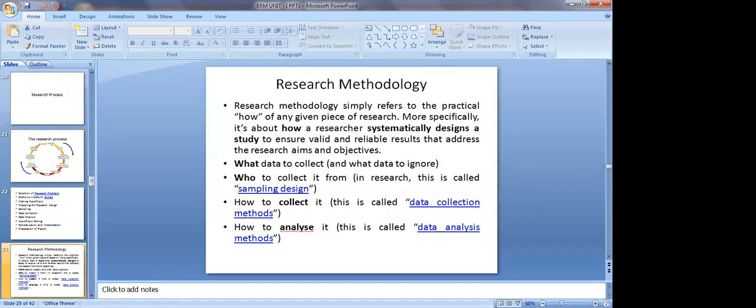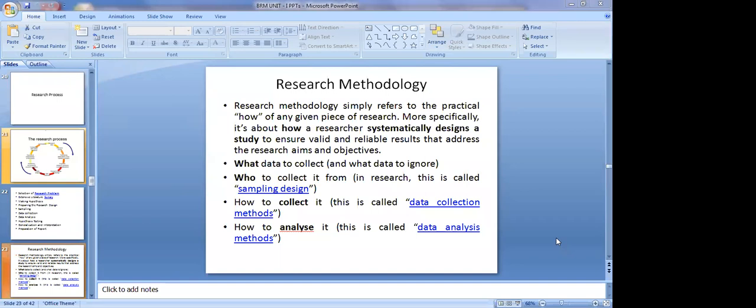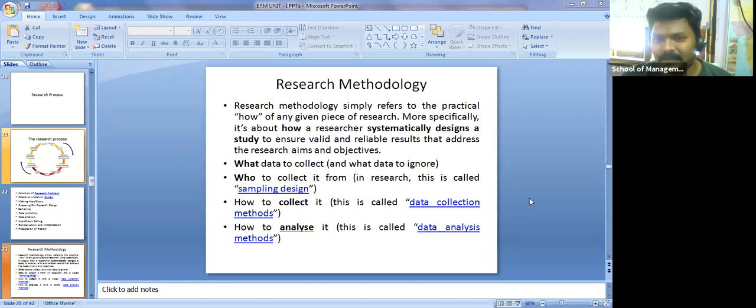So in today's class we discussed what research methodology is. What do you mean by research methodology? A systematic design for a study to ensure valid and reliable results that address the research aims and objectives.